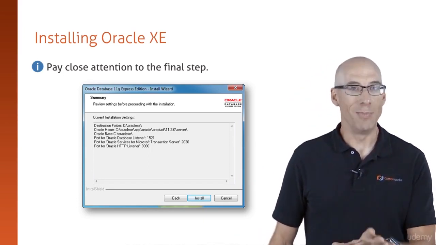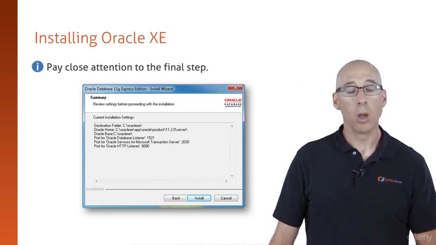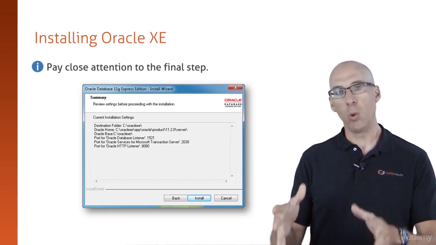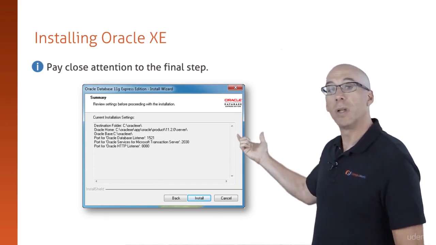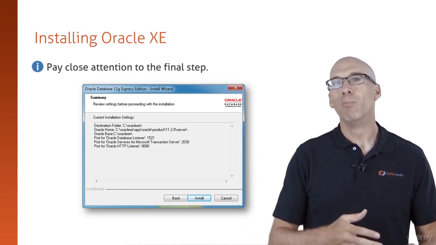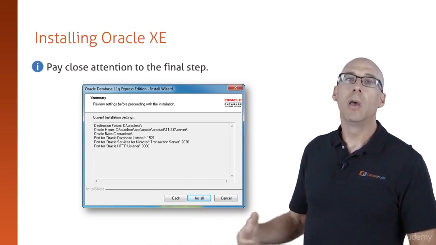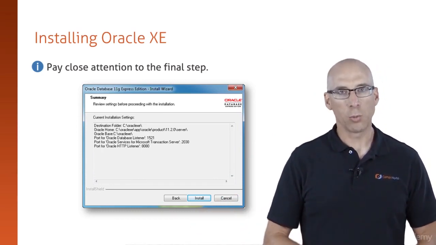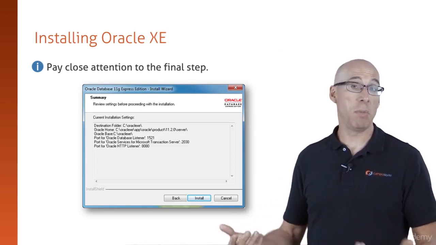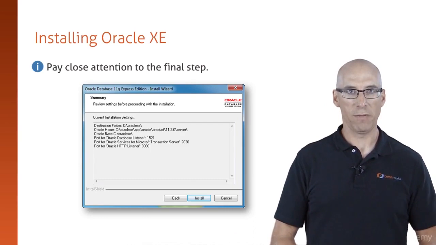Now, I'm not going to go into a bunch of detail about what these ports mean or what they're for, but if you are a DBA, you're going to want to write down what those ports are. They're pretty standard. Almost every single installation uses those exact same ports, but it's still a good thing to write them down, because in some situations maybe it's a little bit different or maybe you've changed it. So it's just something for you to be aware of.